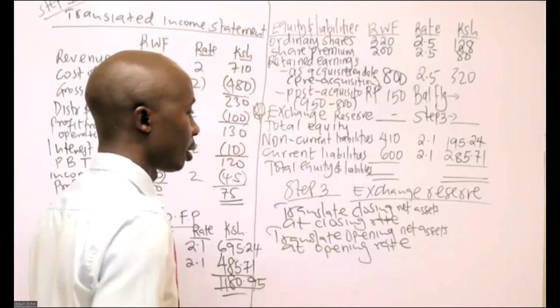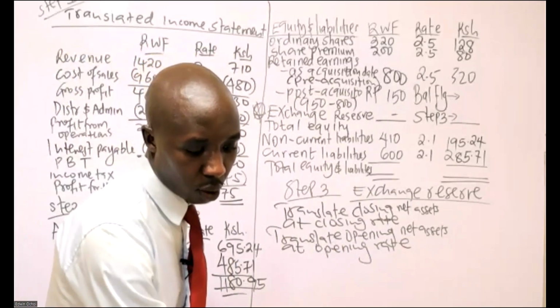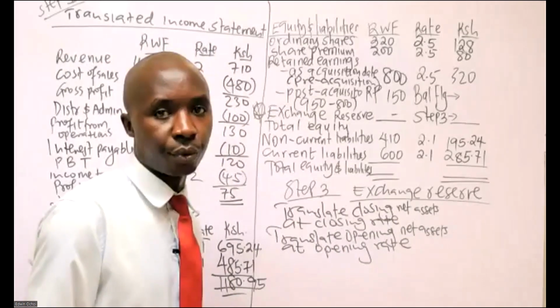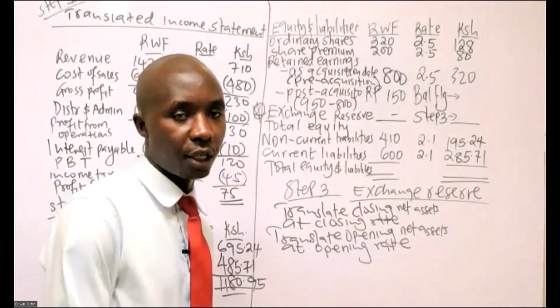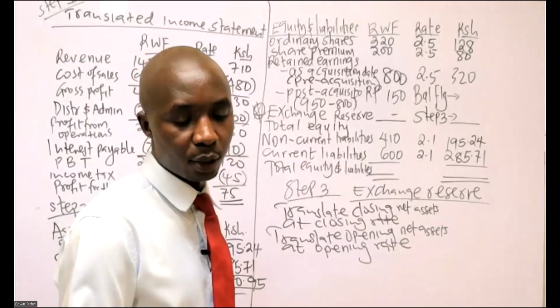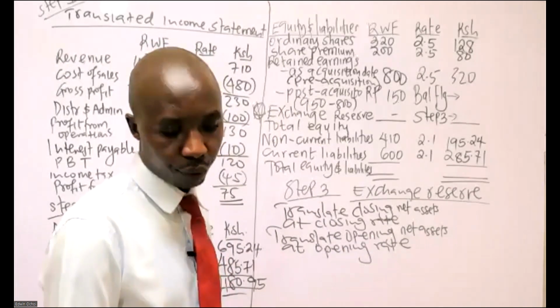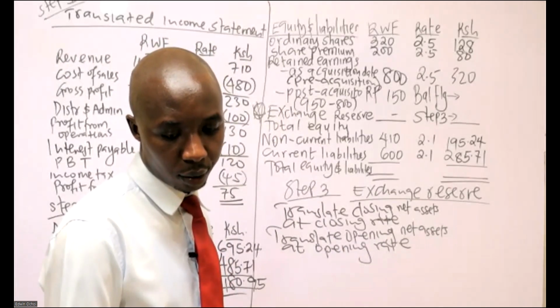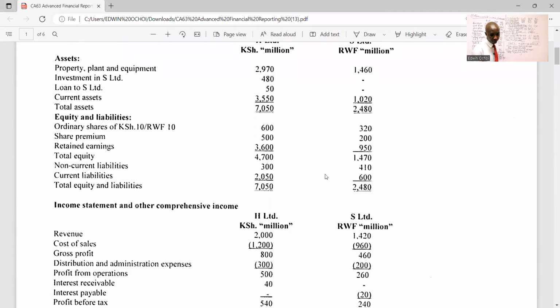So closing net assets, you know them? Yes or no? The equity. So you go to the statement of financial position. Those are the ones which are as at closing date, because the statement of financial position is prepared as at the end of the year.